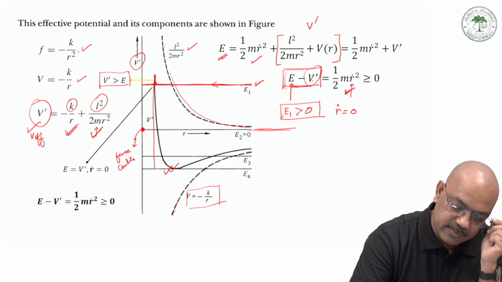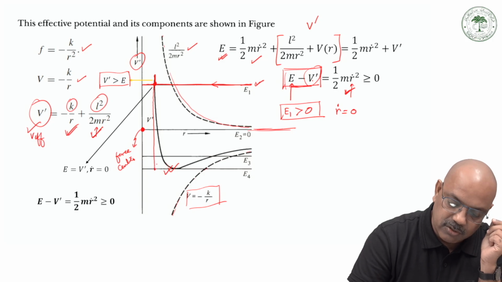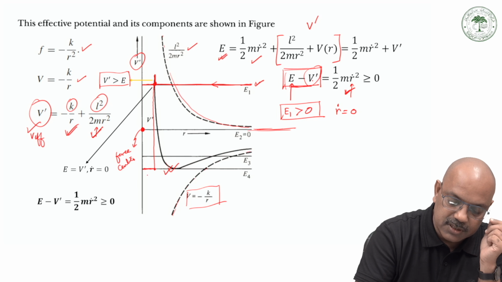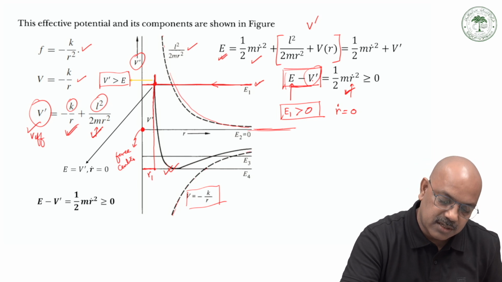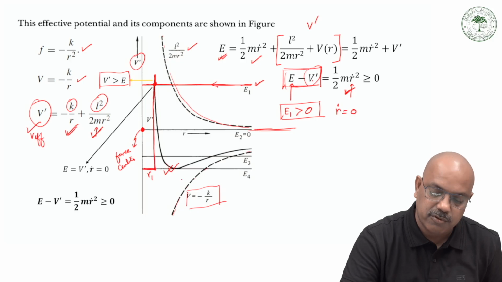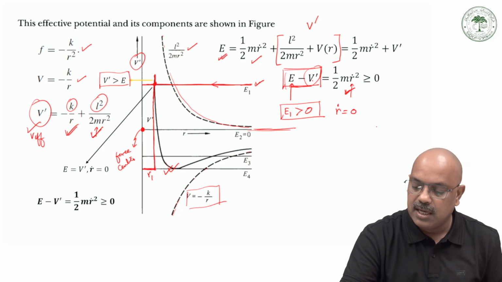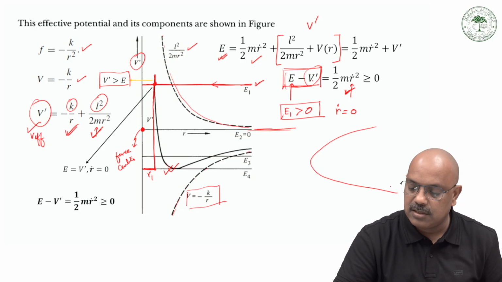The turning point is at a distance from the center of the force, say r1. So at this distance from the force center, the particle is coming and turning back.